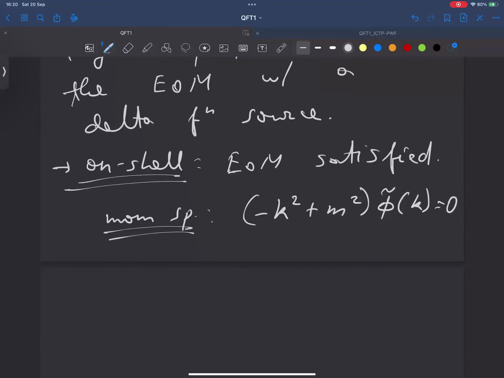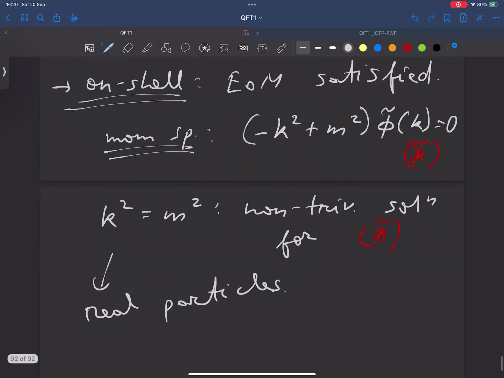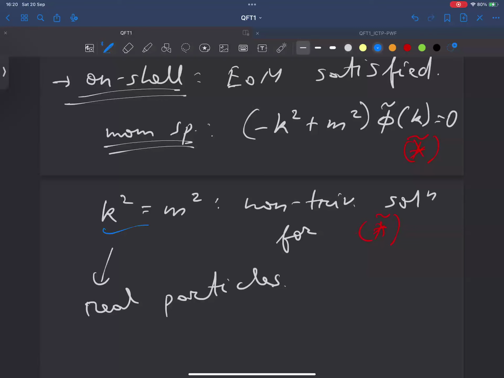And all of these modes satisfied this relation, k square equals m square, and only then do you have a non-trivial solution for this equation. Let me call it star tilde. So these are what are called real particles, particles which you observe and which satisfy the equation of motion. That's why particles which satisfy this condition are called on-shell condition satisfying particles, okay?